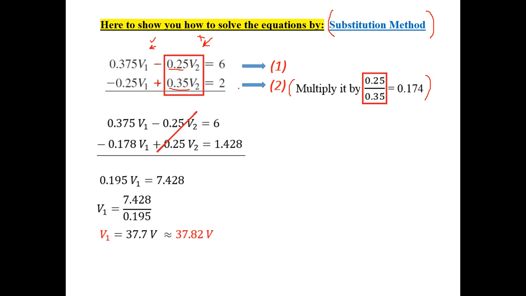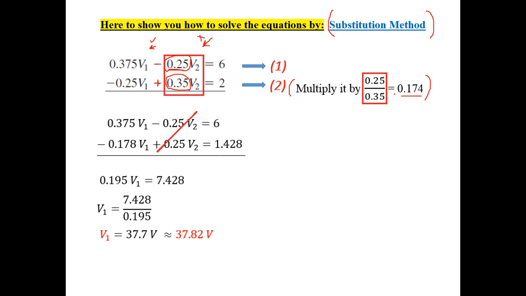So take equation number 2 and multiply the whole equation by 0.25, which is this number, divided by 0.35, which is the factor that I need to cancel the V2 part. So 0.25 over 0.35 is equal to 0.714.